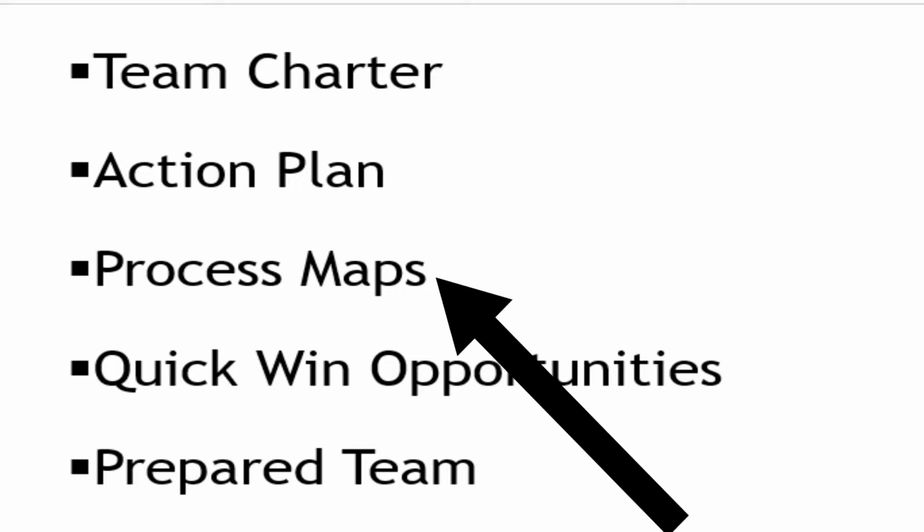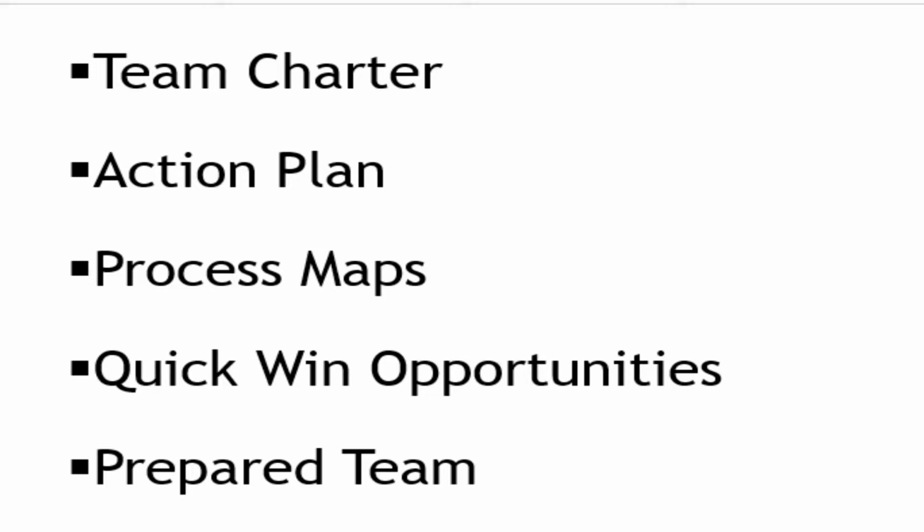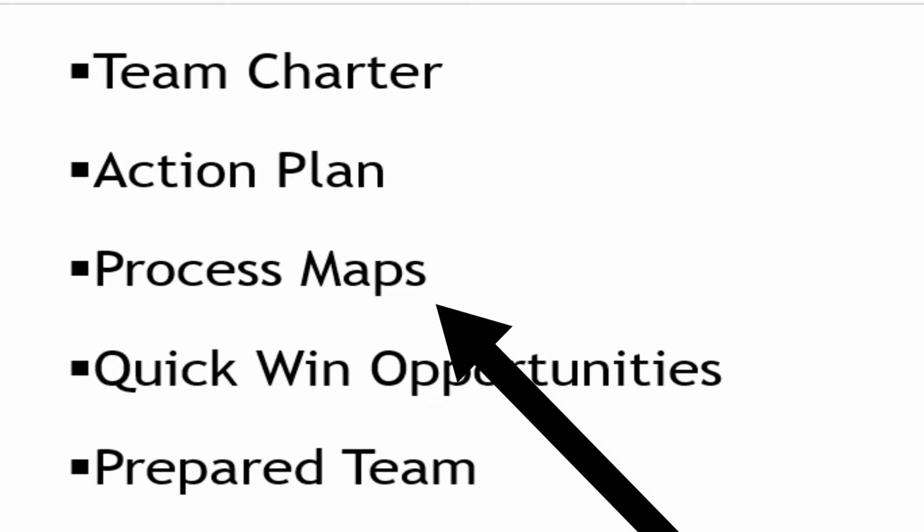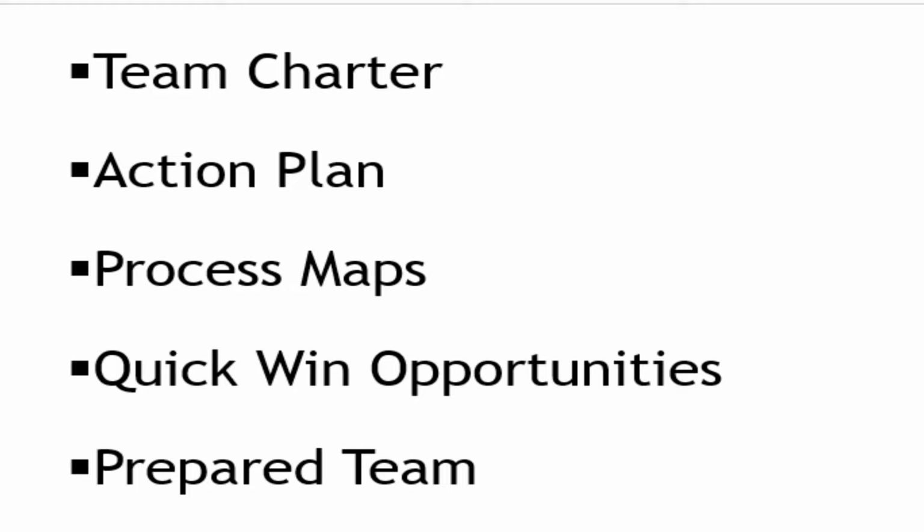Then you need to have all the process maps and the sub-process maps of the bigger process that you want to improve. So you should know where is your start, where is your end, and all the processes in between and the sub-processes you must have with you before proceeding to the measure phase.